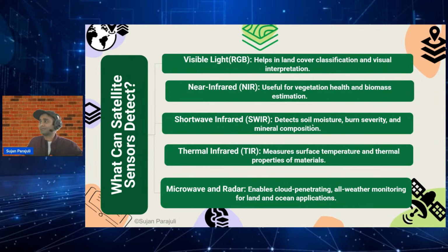The shortwave infrared band is used for soil moisture, bond stability, and mineral composition. Then we have the thermal infrared band, which is used to measure the surface temperature, or the thermal properties of materials. And microwave and radar is used for cloud penetration, and it's all-weather, so we can collect information in all weather.